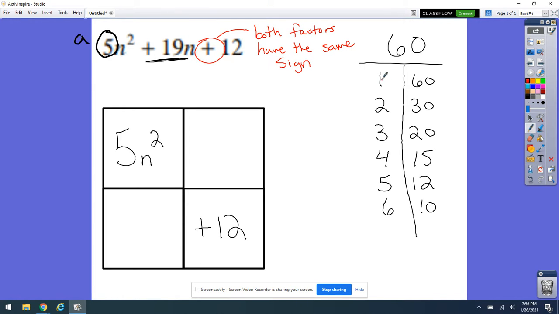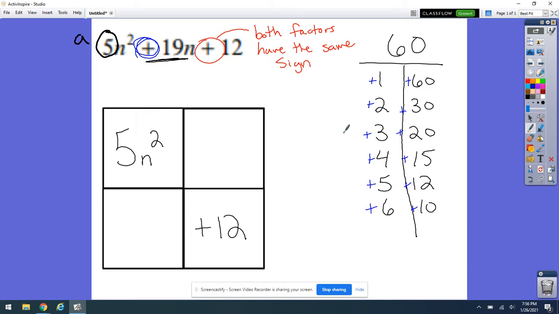In other words, it's either both positive or both negative. So I got to figure out which one it is. I take a look at this one here. Since this one's positive, that tells me that they're both going to be positive in our case. So all these are positives, and I don't have to worry about subtracting or anything.